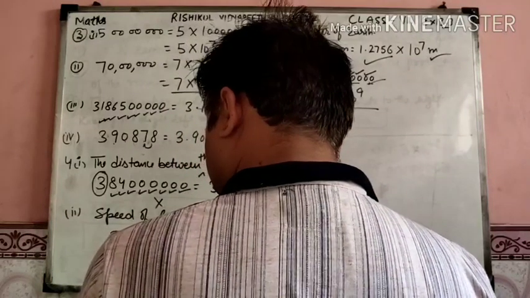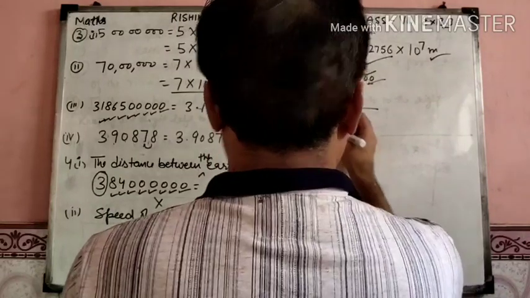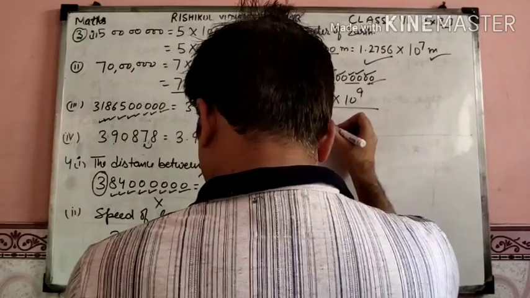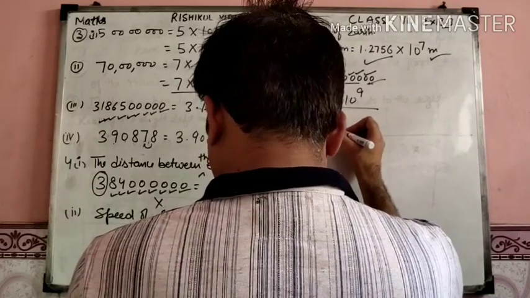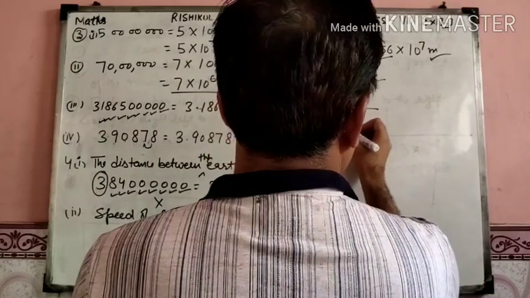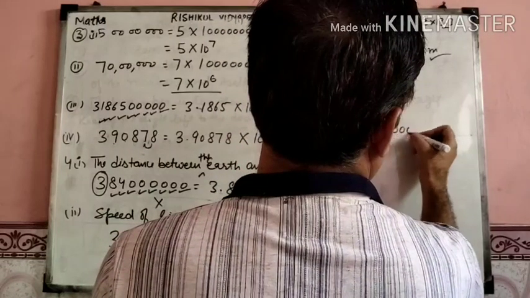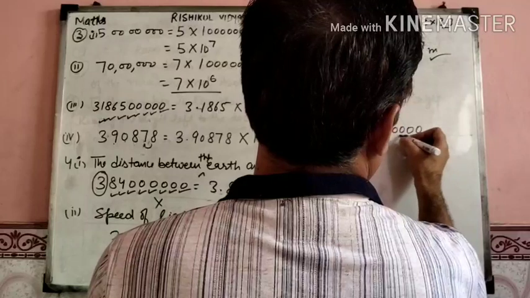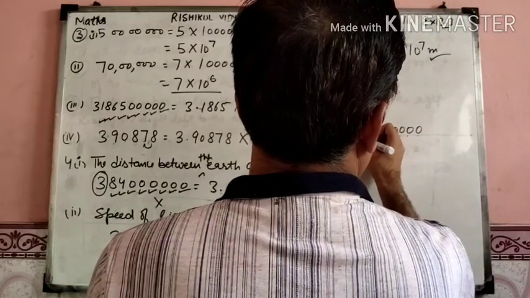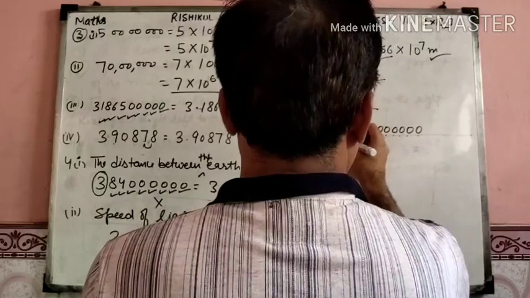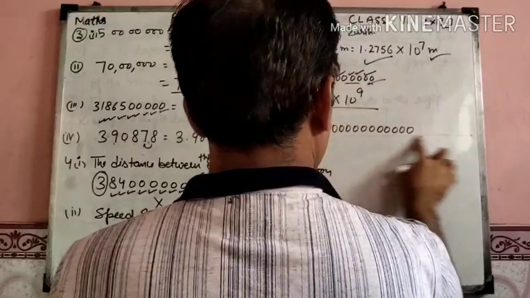Fifth one. In a galaxy, there is an average of these stars. Now the number of stars. How will you write the number of stars? 1. And now count the zeros. 1, 2, 3, 4, 5, 6, 7, 8, 9, 10, 11. So you have to write this.